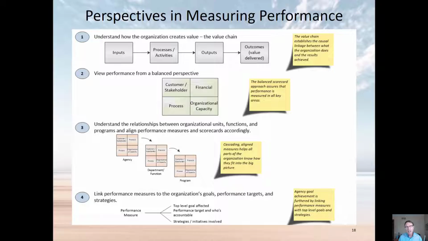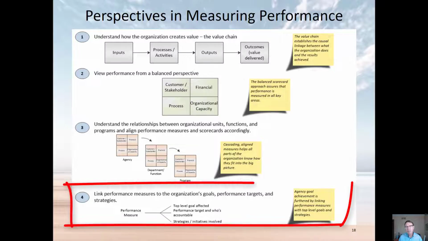And then lastly, the perspective of linking goals and performance with strategies and sometimes incentives, so that your performance measure, you can see how the performance measure affects the top level goal, the outcome you're trying to achieve.